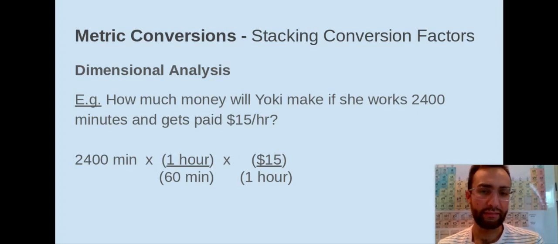And then we can go ahead and solve. So we can cross out. Notice they're crossed out, but they're on top of each other. So the minutes cross out, the hours cross out, and we are left with just dollars. So you would just do your math. You would have 2,400 times 1 times 15 divided by 60 times 1. You'll end up with $600.